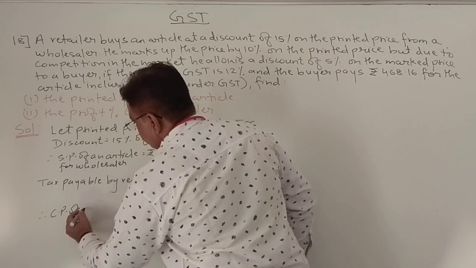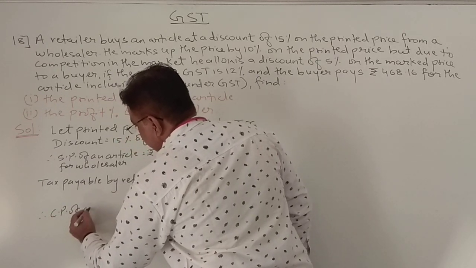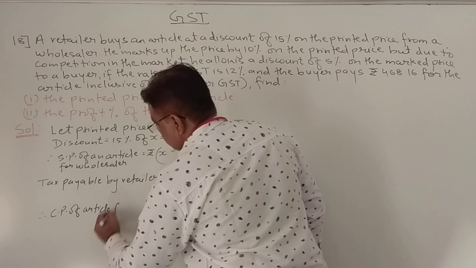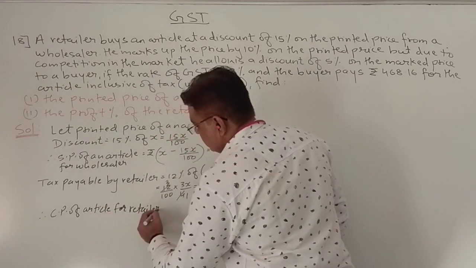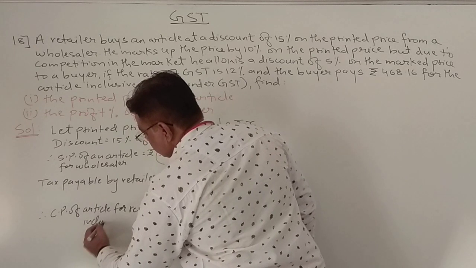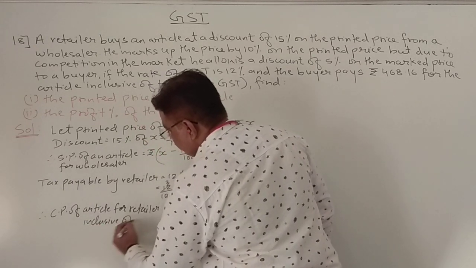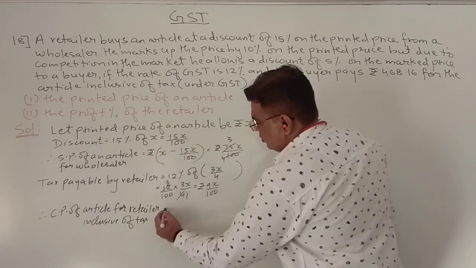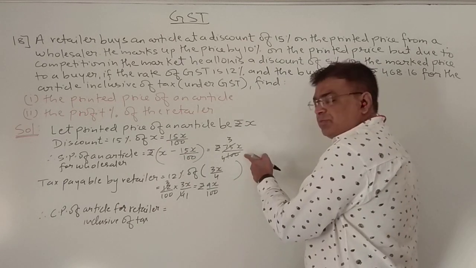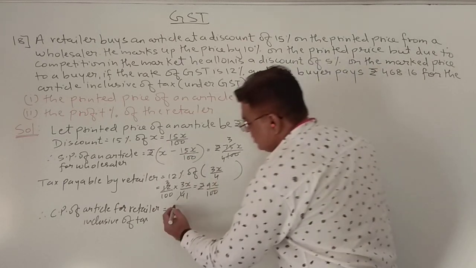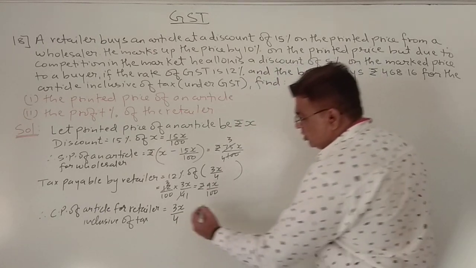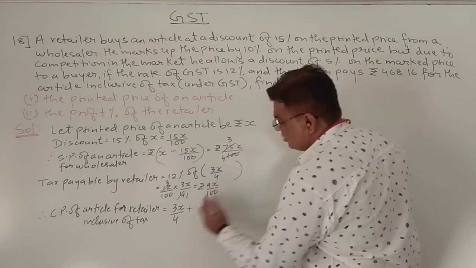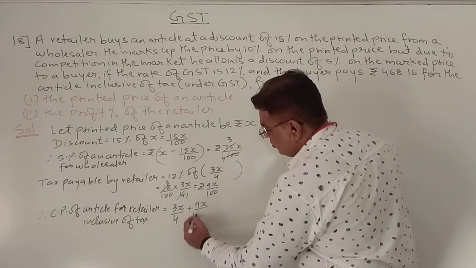CP of the article for the retailer inclusive of tax. See, the retailer has purchased the article at this price, so this much he has given as the cost price, plus he has paid a tax of this much, 9x upon 100.